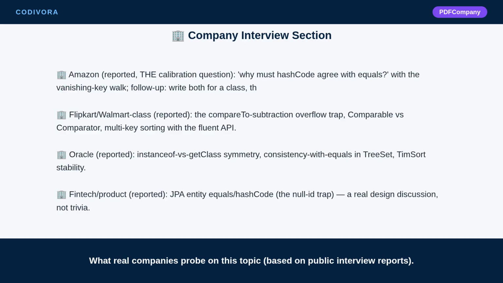Flipkart and Walmart Labs reported the comparator subtraction overflow trap, Comparable versus Comparator, and multi-key sorting with the fluent API. Oracle reported instanceof-versus-getClass symmetry, and consistency with equals in TreeSet. TimSort stability. Fintech product companies reported JPA entity equals and hashcode, the null ID trap, a real design discussion, not trivia.